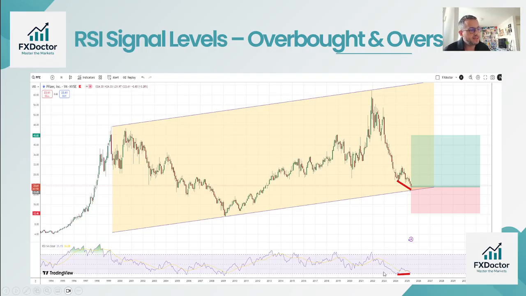In this case, we can say if the RSI is below 30, that this stock is oversold. But what is happening here? Price is going down, down, down, and RSI is making a higher low. That means that sellers don't have the strength to do this, and the price will go up.